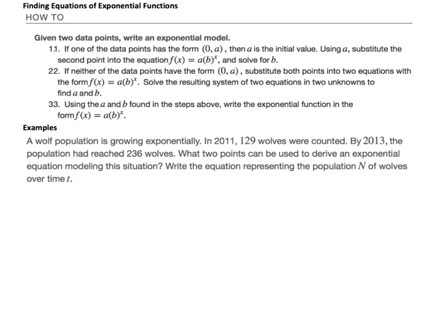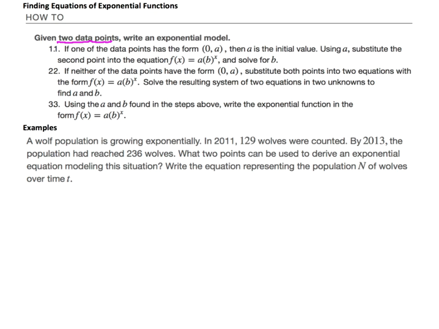Okay, so finding equations of exponential functions, and hopefully you've picked up on the things that I've pointed out to you about where particular information goes in the exponential function. So if you're given two data points, this is how you write an exponential function.